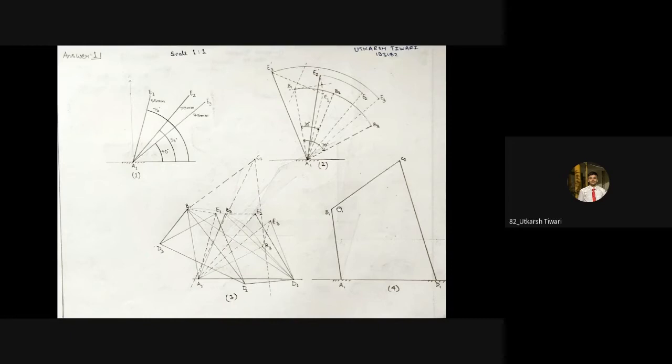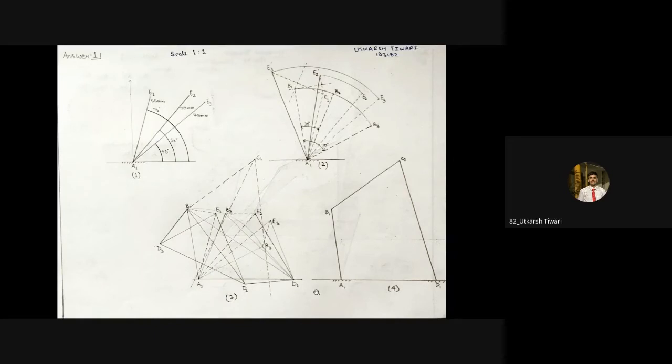Now we have to select the location of D1, the pivot of the fixed link, such that E2, B2 and D2 is congruent to E1, B1 and D1. And similarly we have to draw a third point D3 such that E3, B3, D3 and E1, B1, D1 are congruent triangles.